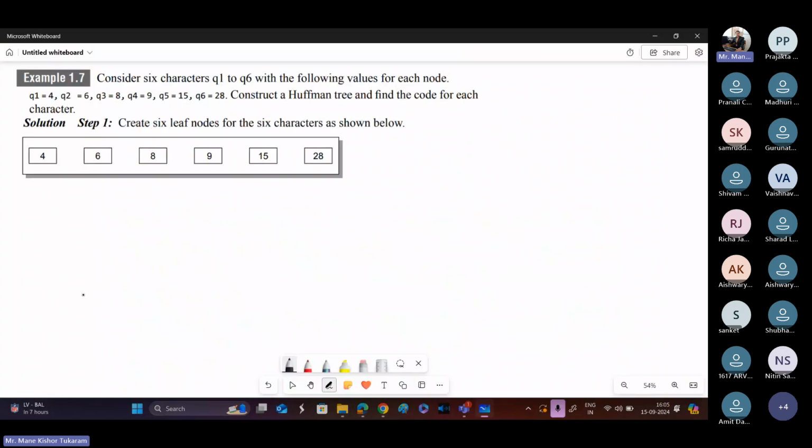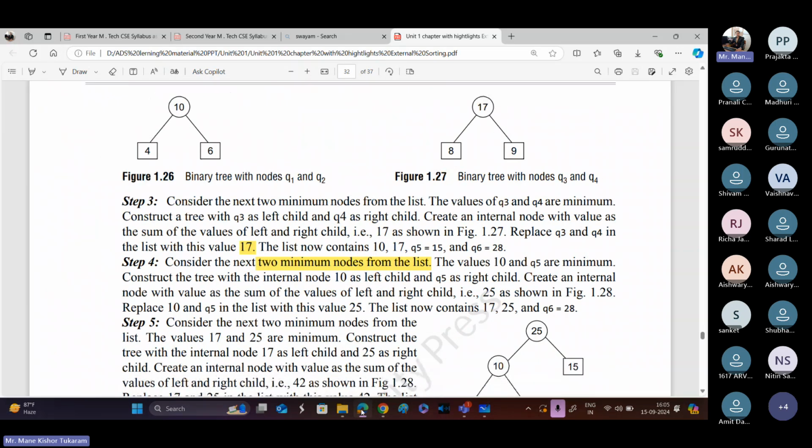So from this first step, we choose 4 and 6. So I choose 4 and 6 as leaf nodes. Leaf nodes are represented by rectangles, and the internal node is nothing but 4 plus 6, that is 10. Okay, so the summation of these two is 10. So this is the first step. Then second, we again move towards the next.